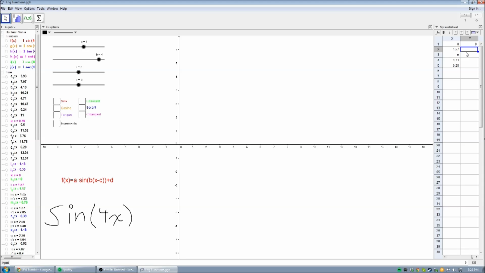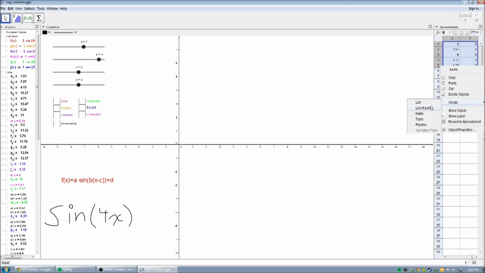If I take pi over 2 times 4, that becomes 2 pi, and the sine of 2 pi is 0. Pi times 4 is 4 pi, and the sine of 4 pi is 0. 3 pi over 2 times 4 is 6 pi, and the sine of 6 pi, coterminal with 2 pi, is still 0. And guess what? The sine of 4 times 2 pi is going to be 0 again.